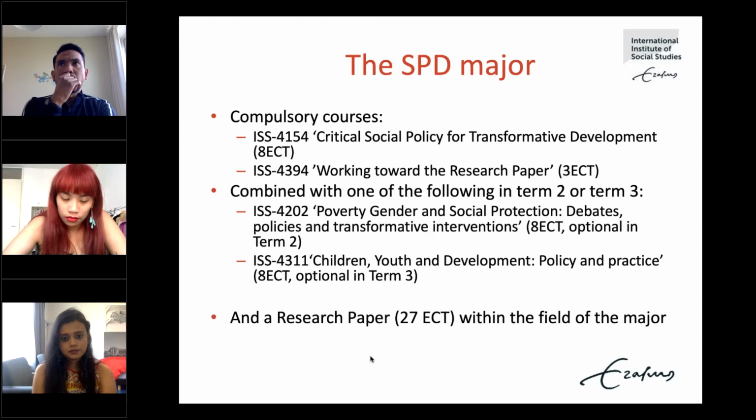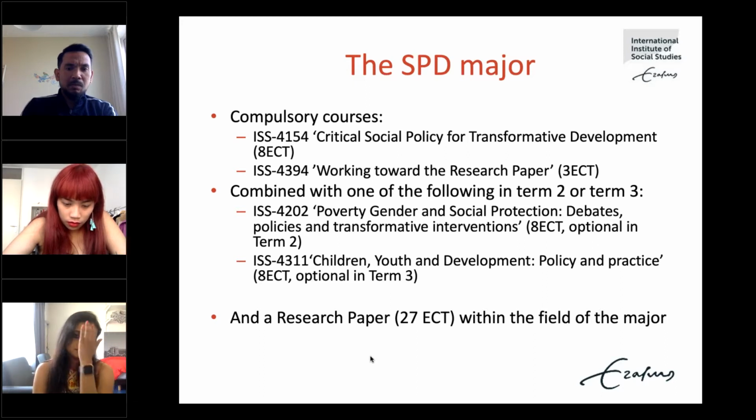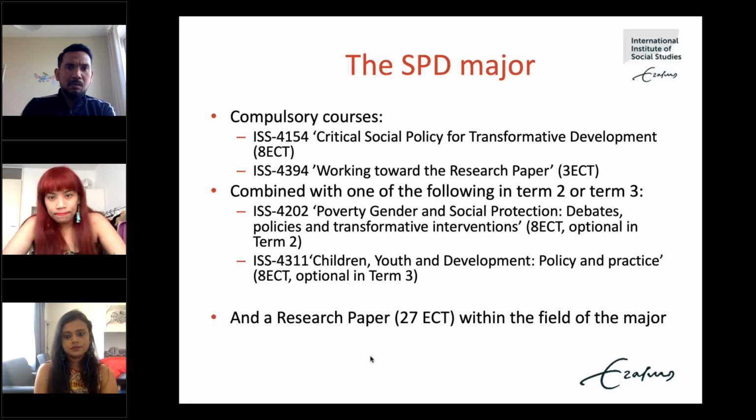Your other option is Children, Youth, and Development Policy and Practice. This is also one of the 2 courses you might take if you want a specialization in children and youth studies, which I'll come back to in a moment. Then the research paper is the major activity, and that's 27 credits. Your paper ideally deals with something that is social policy related, but that's very broadly conceptualized. So that's some of the choices.